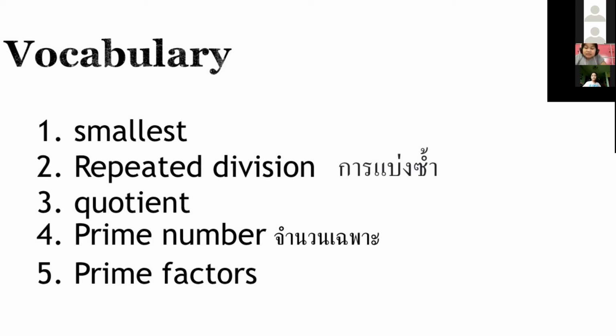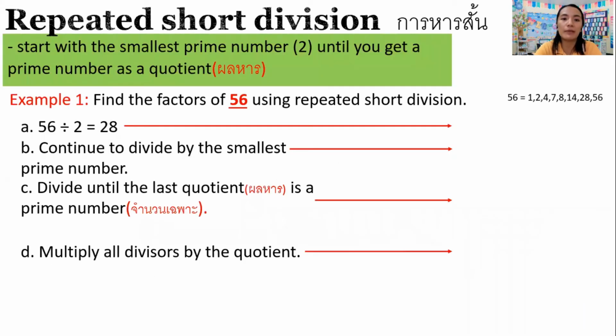Smallest, repeated division, quotient, prime numbers, prime factors. Very good. Thank you, Tengku. Next will be Jan. Smallest, repeated division, quotient, prime number, prime factor. Very good. Let's move on to our main topic, repeated short division.